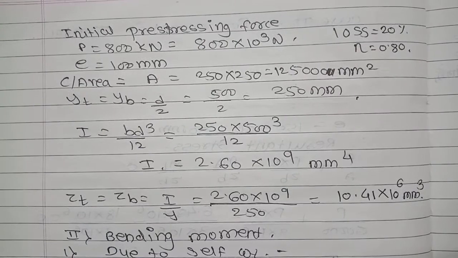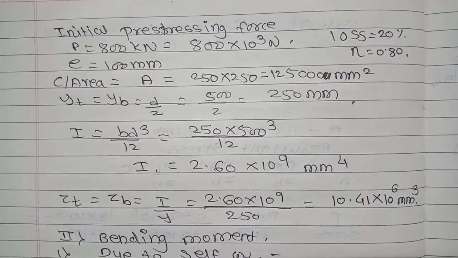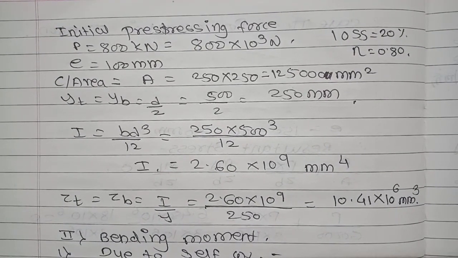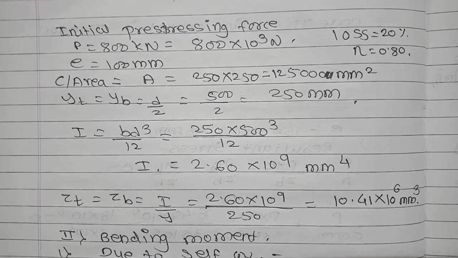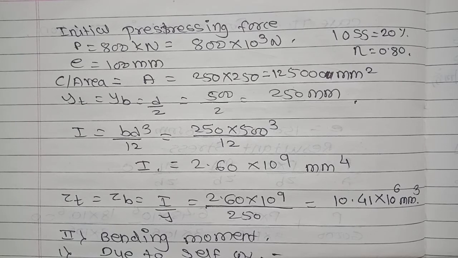Now, the initial pre-stressing force is given, P equals 800 kN, that means 800 into 10 raised to the power of 3 Newton. e is given, that is 100 mm. Losses are given, that is 20%, that's why eta equals 100 minus 20 in percentage, 0.80.